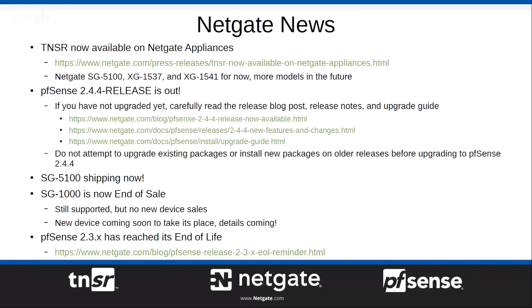It might reference a function you don't have, or it might pull in PHP packages and remove some of what you've already gotten. You'll end up with a partial upgrade just from managing a package, and you don't really want to do that. So really important that you upgrade to 2.4.4, or you can remove packages and then upgrade, or just upgrade and let it do the packages when you upgrade, but don't try to update packages before you upgrade.